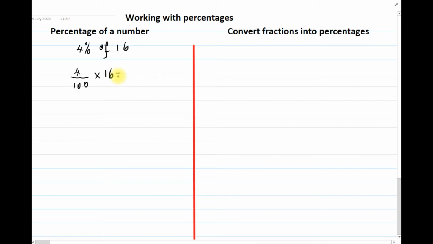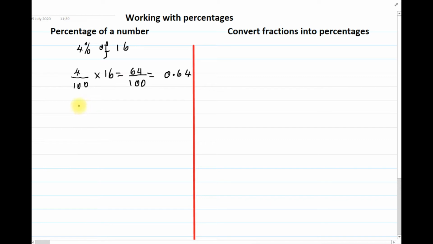Now this will be 4 times 16 is 64, divided by 100. So this would be 0.64. It's as simple as that.